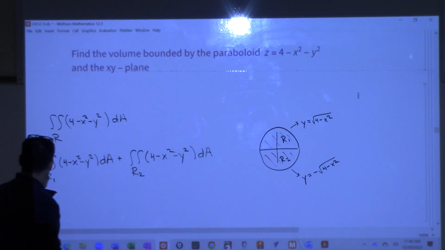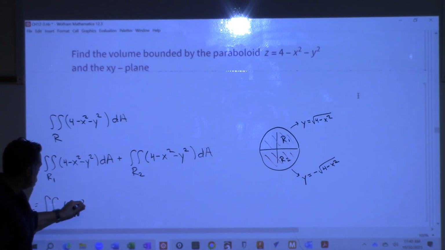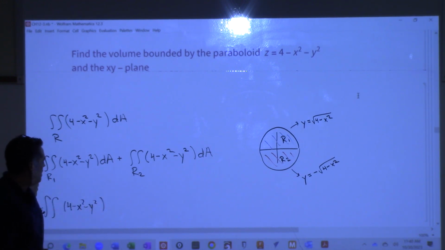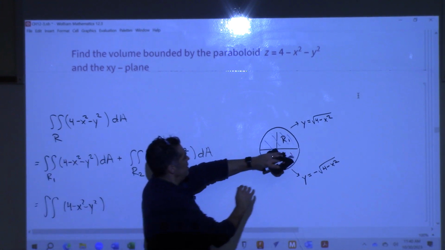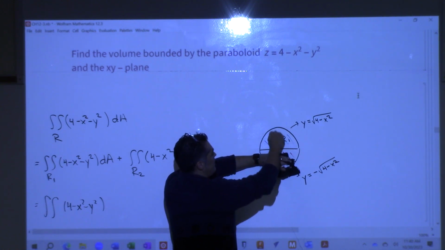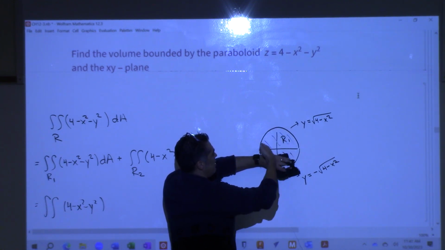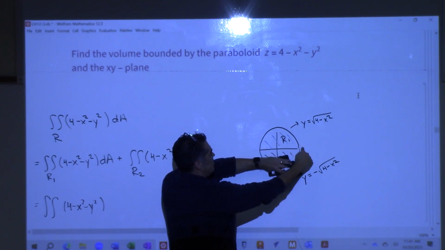And on this one, now I'm on R1. So this is 4 minus x squared minus y squared. But now I'm going to change dA to, well, what type of region is this? My x's are between two constants, my y's are between two functions, right? So my x's are between where and where? Negative 2 to 2.